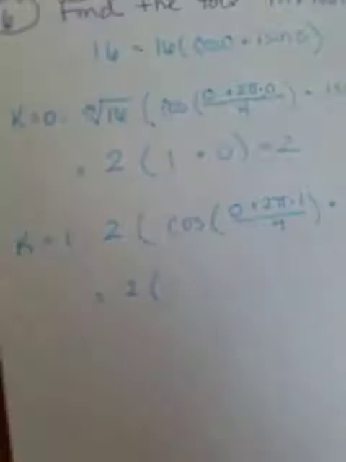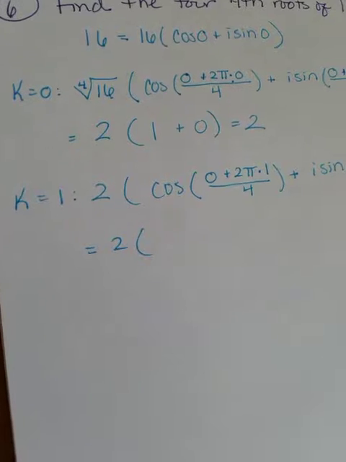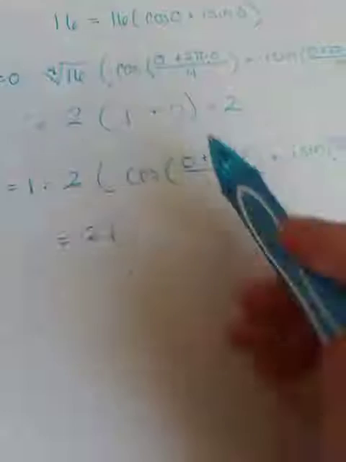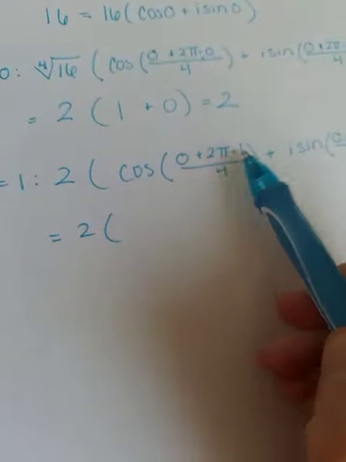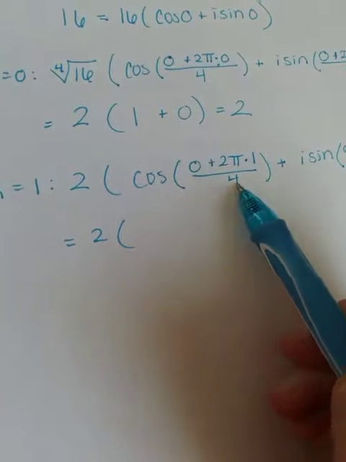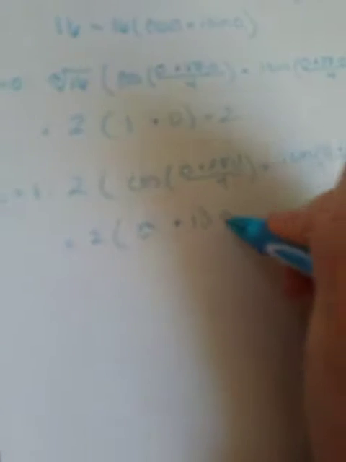So that's really the cosine of 2 pi over 4, which is pi over 2, which is going to be 0. And here I get 1i. So my answer here is 2i.